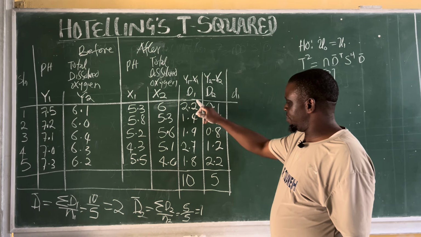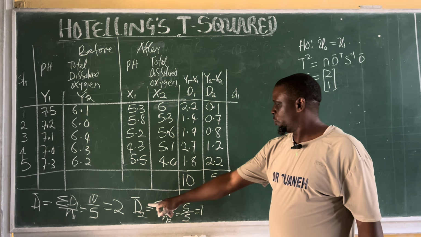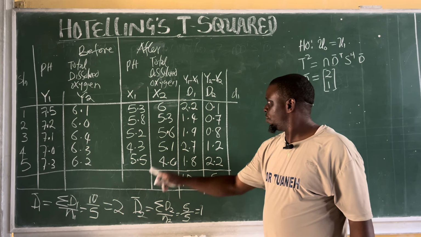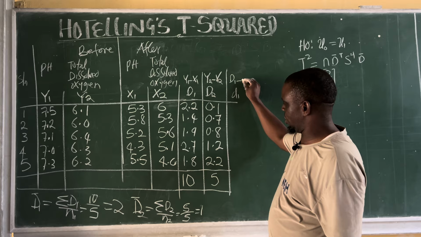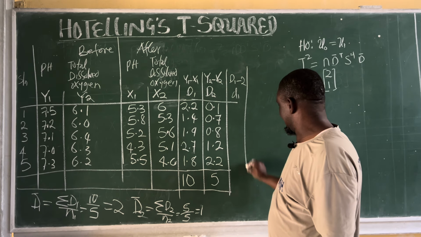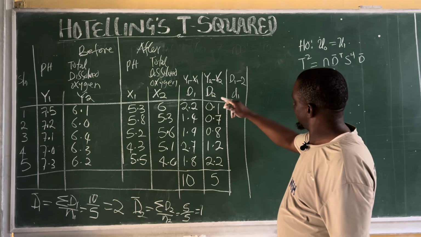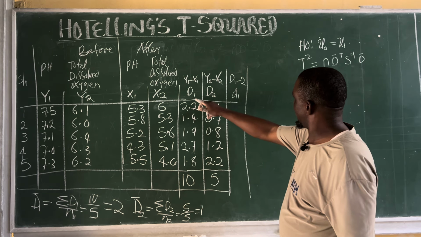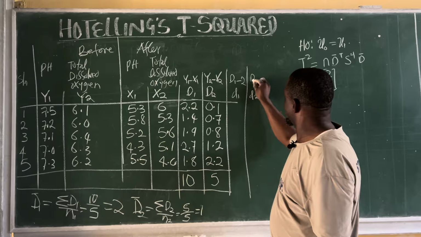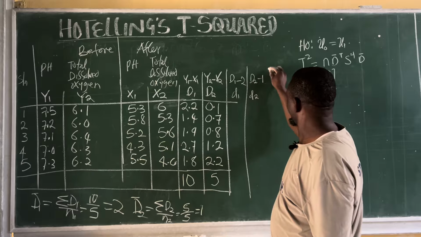For D1, the mean is 2. For D2, the mean is 1. So small d1 is going to be capital D1 minus 2, and our small d2 will be equal to our capital D2 minus 1.